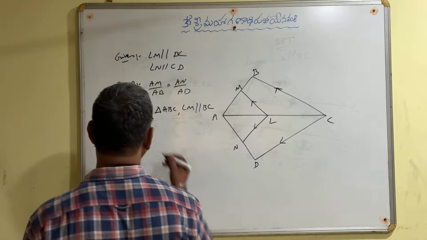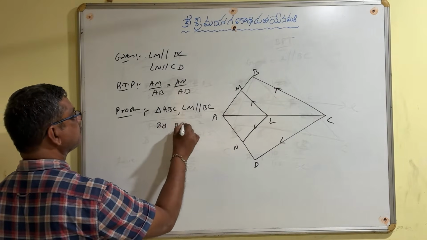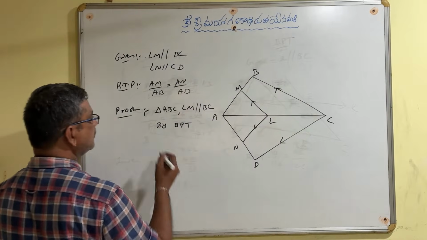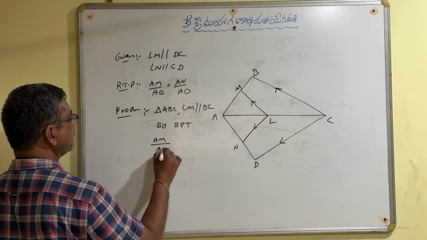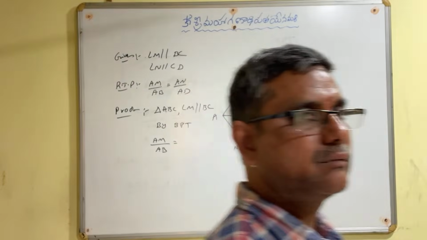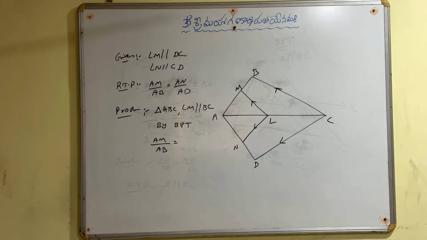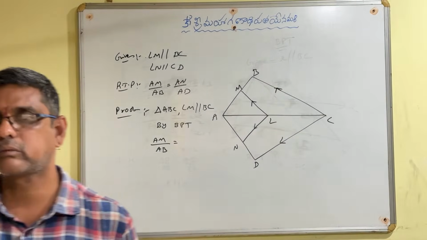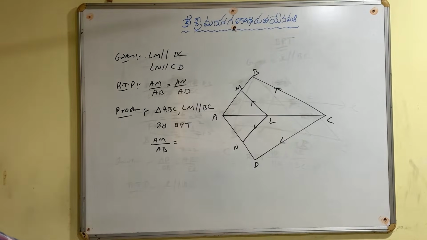Then by the basic proportionality theorem, AM by AB, part by whole, is equal to, children, what can I write? Yes, AL by AC, very good.